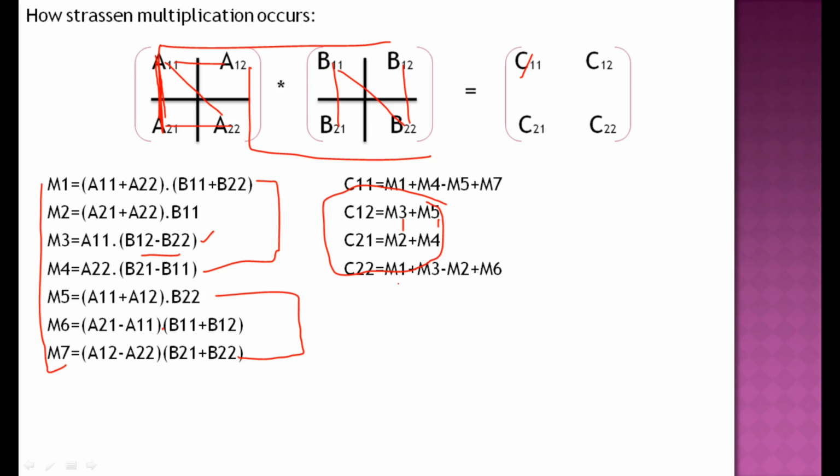Next, coming to C22, which is equal to m1, same as before; this and this are interlinked. So the first one is the same and the second one is decremented by 1. In order to get minus m2, we are adding these two: 5 plus 3 gives minus m2. So here we get the minus m2 value. So C22 equals m1 plus m3 minus m2 plus m6.